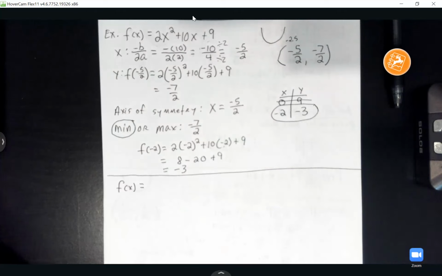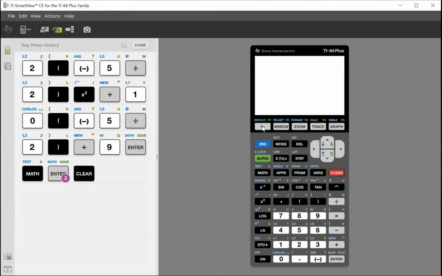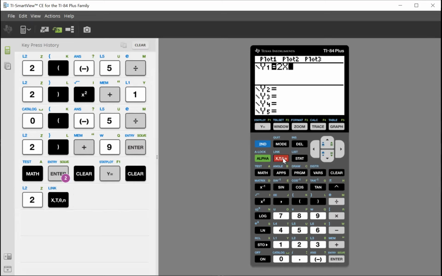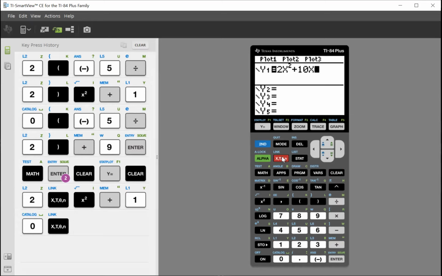I'm not very good with fractions. Okay, so let me go to y equals, and I'm just going to put in my equation, which was 2x squared plus 10x plus 9.